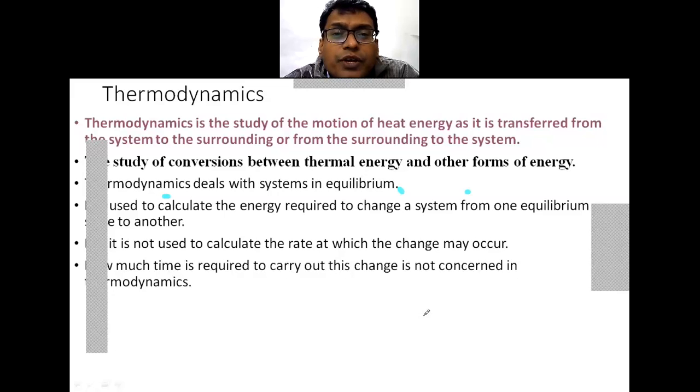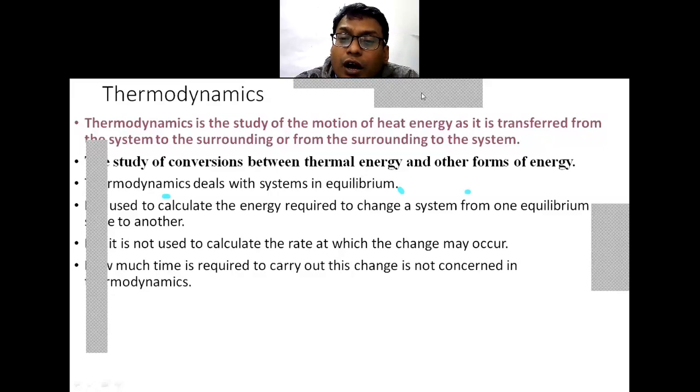It is also the study of conversion between thermal energy and other forms of energy. So thermodynamics deals with systems in equilibrium. After the system attains equilibrium, thermodynamic calculations are taken into account.